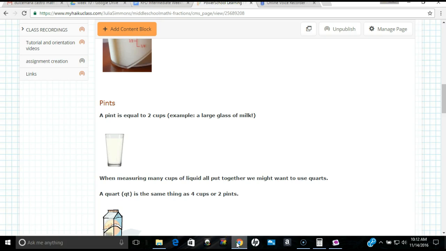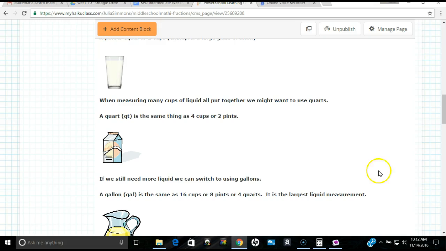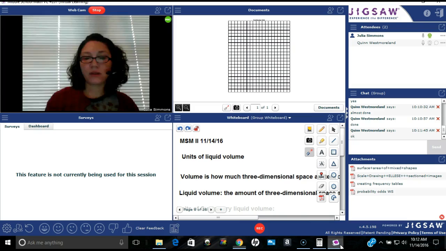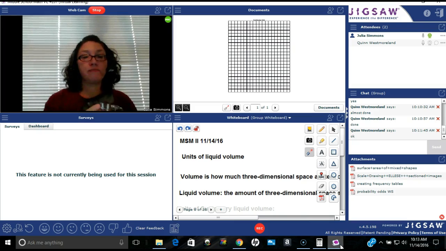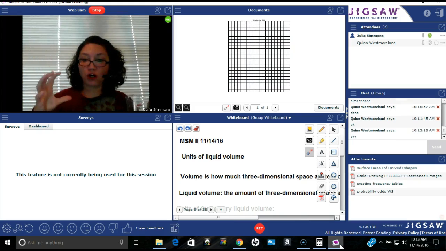All right. And then quarts. There are 4 cups in a quart or 2 pints in a quart. So you're measuring about half a gallon, those smaller cartons of milk, not the big jugs. Those are quarts, and then when you get to gallons, you're looking at the larger jugs of milk.